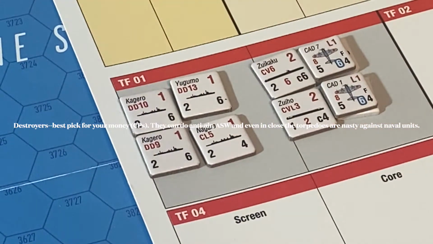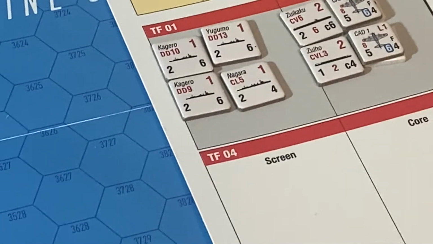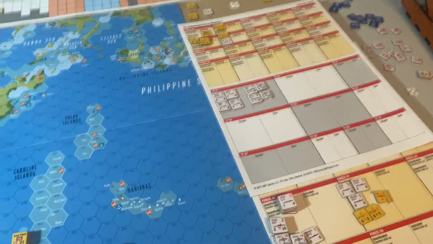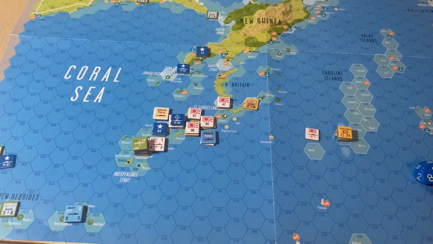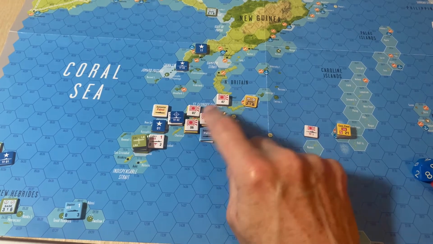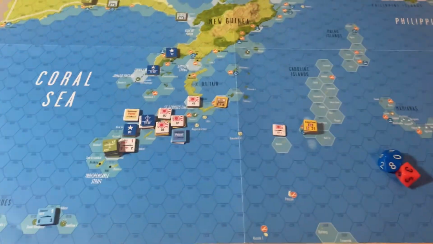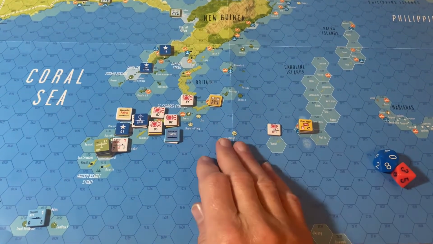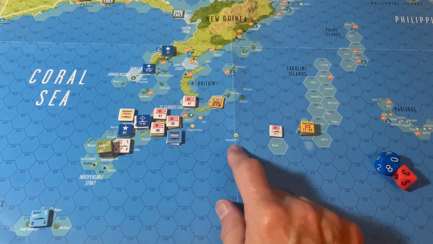But the biggest issue here is that the Japanese just got tired of watching the Allied player waltz into these islands unopposed, and with only 2 air units in this area for the Japanese, I think they feel the need. They're going to have to send in the carriers, and I don't know if I should have done it possibly the first month.